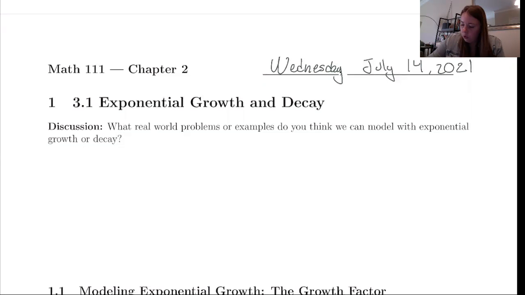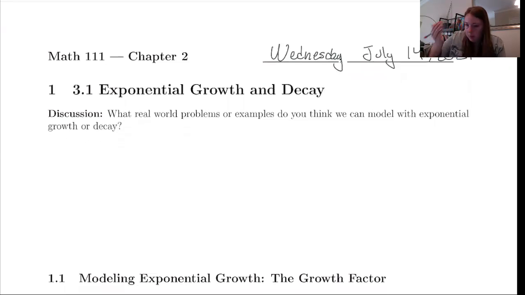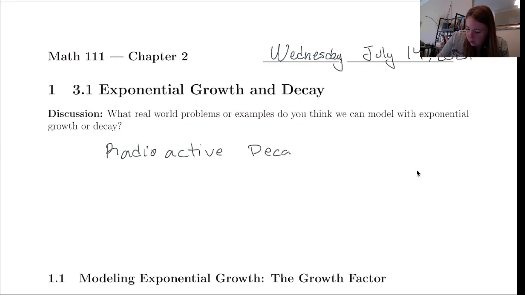So what real world problems or examples do you think we can model with exponential growth or decay? This is where you guys would say, oh, maybe this thing. There is radioactive decay, which helps us with carbon dating, figuring out how old some artifacts are.